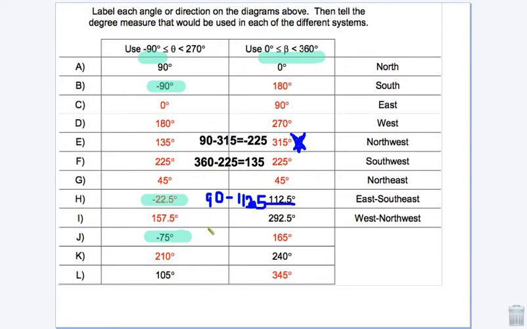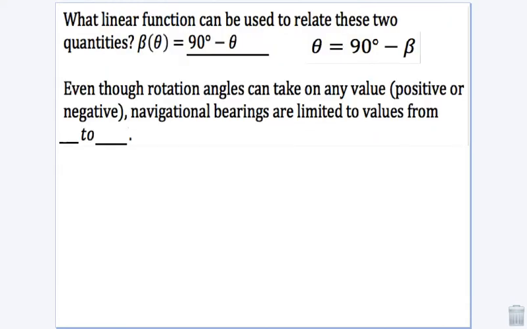It's okay to have negative rotation angles, but you will never, ever, ever have a negative bearing. So that's one thing that is different between rotation angles and bearings. All right, so that leads us to this. Even though rotation angles can take on any value, positive or negative, navigational bearings are limited to 0 to 360 degrees, so they can never be negative.